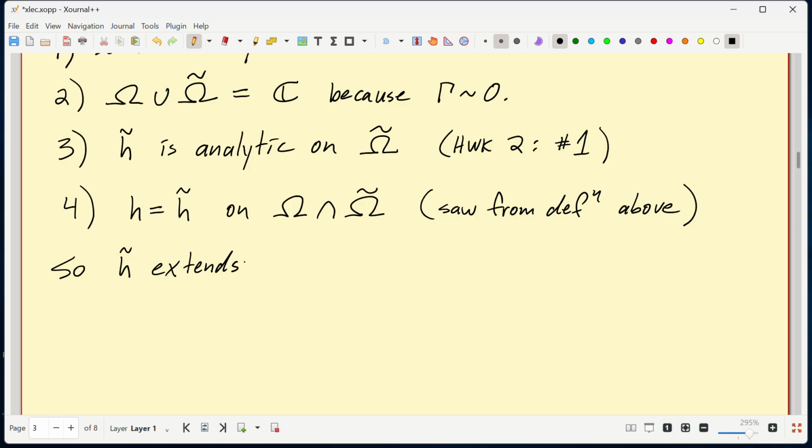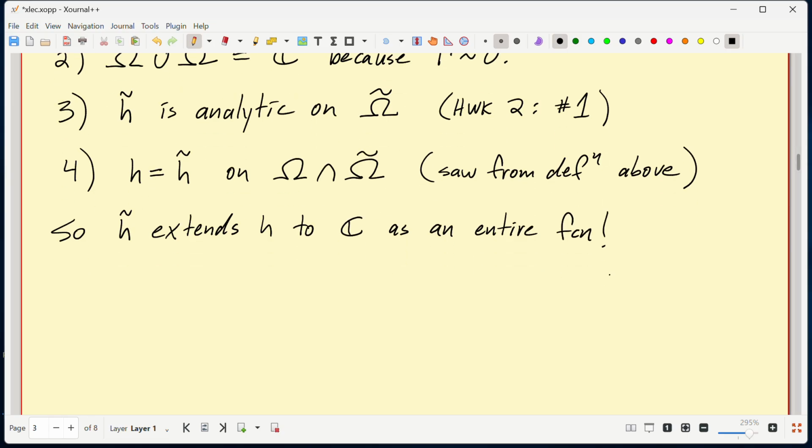So there are 3 overlaps to think about, but we've shown it's analytic on all those 3 overlaps. So h twiddle extends h to C as an entire function. So we'll call it h. I'm not going to mess around with h twiddle anymore. Call the extension h.